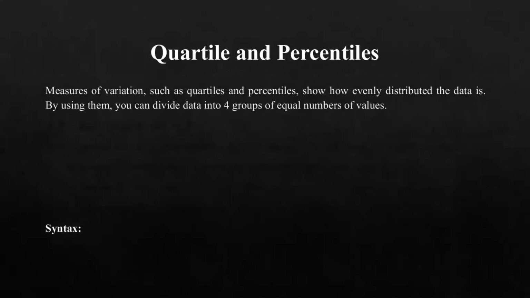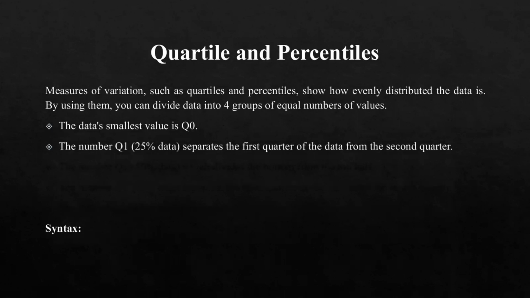Next, we have quartile and percentiles. Measures of variation, such as quartiles and percentiles, show how evenly distributed the data is. By using them, you can divide the data into 4 groups of equal number of values. The data's smallest value is Q0. The number Q1 represents the 25% of the data, and it separates the first quarter of the data from the second quarter.